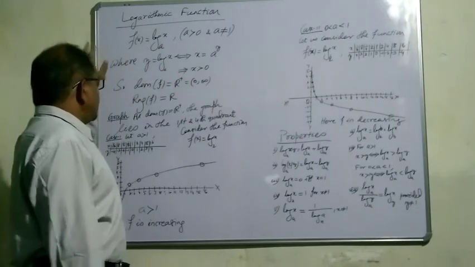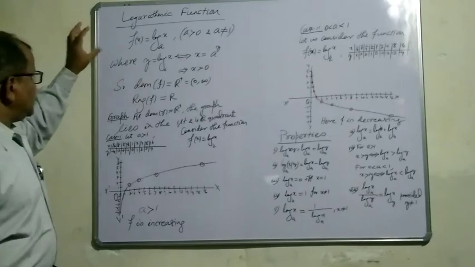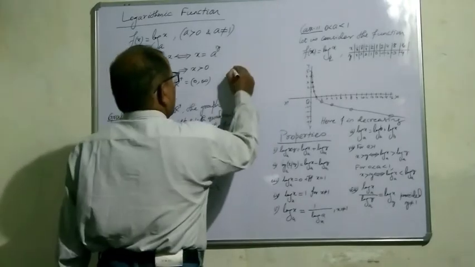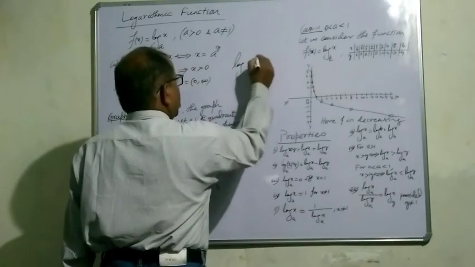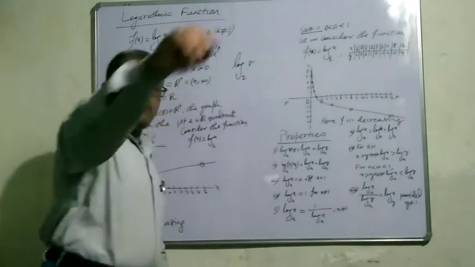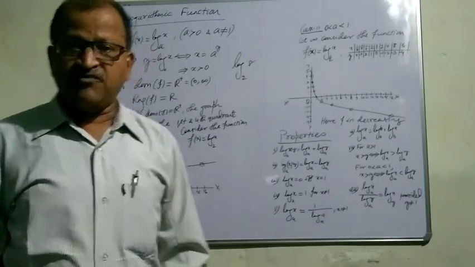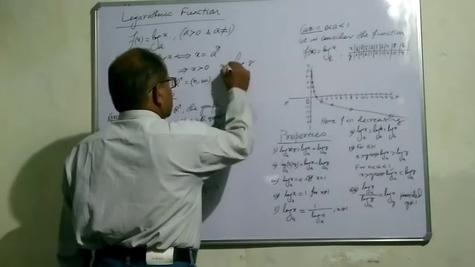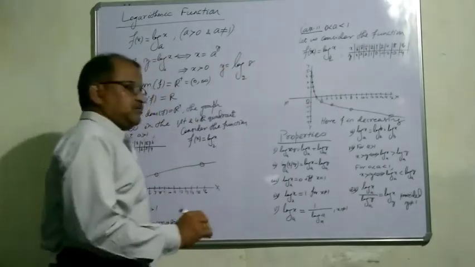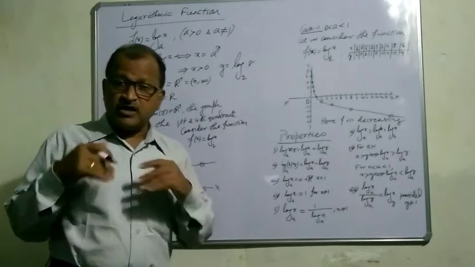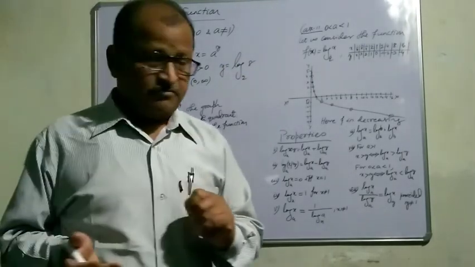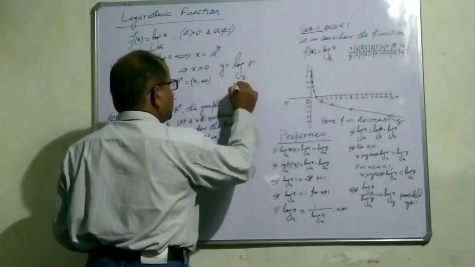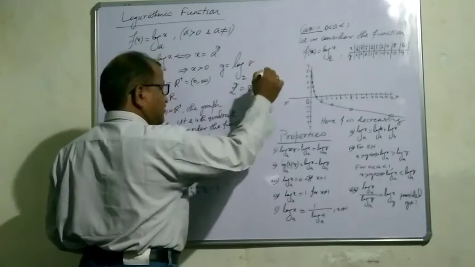You can take an example. Suppose you want to find out log of 8 with base 2. Say it is y. So how will you get the value of y? According to the definition, 2 to the power y should be equal to 8.